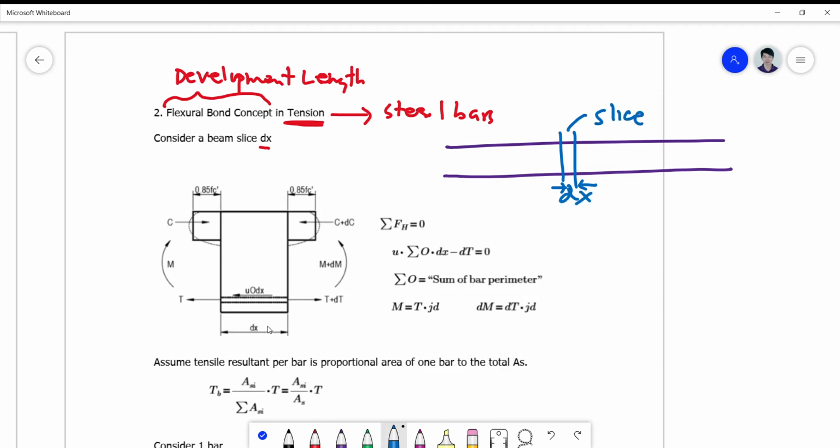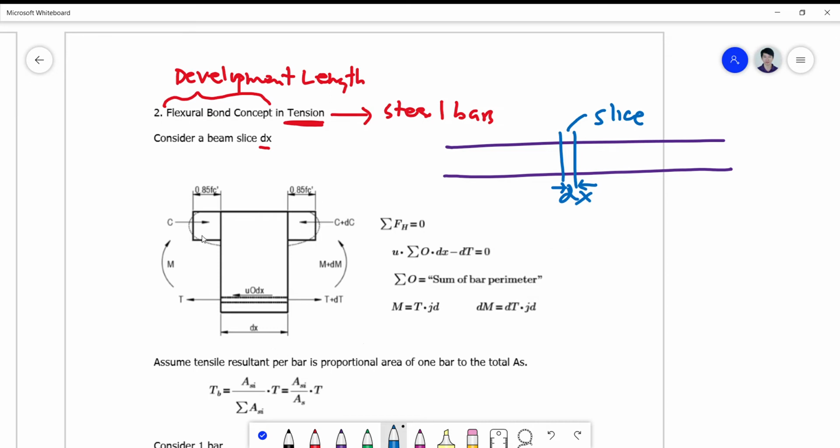Take note that we already know that for the strength design concept, we have the Whitney stress block, and the tension. This is on the left of the differential slice, and this is on the right of the differential slice.